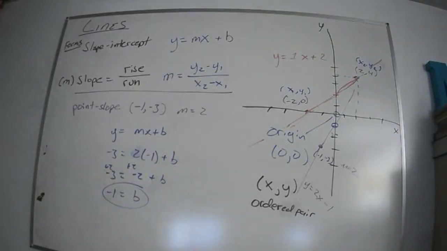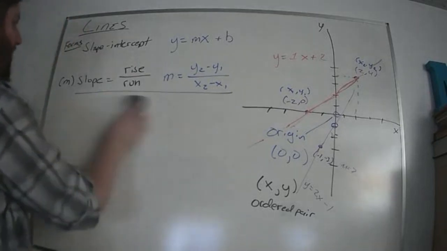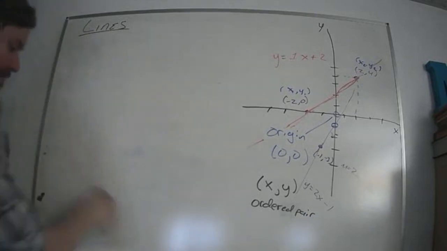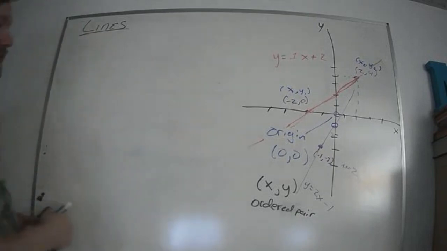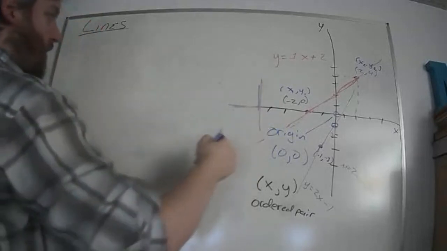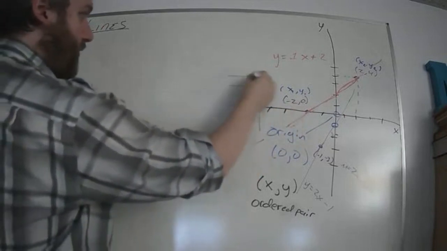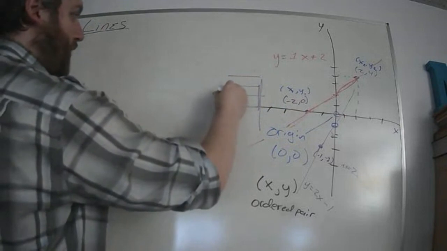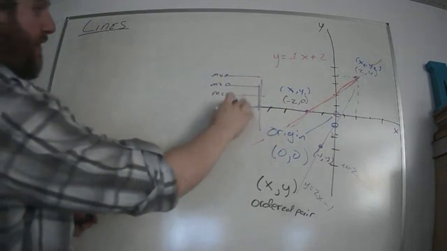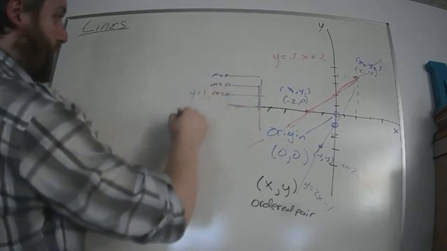Now, let me obliterate this. We'll see what we can do with that. Now, there's a couple of special cases, first of slope, I should mention, and that's the slope of, say, this line and a line like this. So a line that runs parallel to the x-axis, so a line that's here or here or here or any of these, this has m equals 0, etc. So any horizontal line, that is, a line that has the same y component, so this is also the line y equals 1.